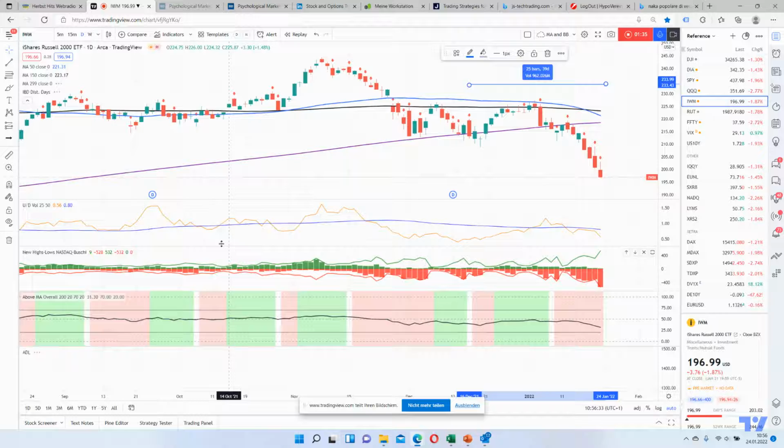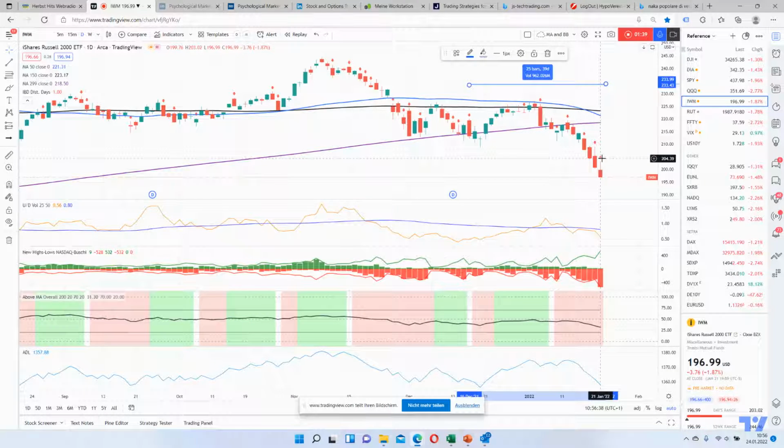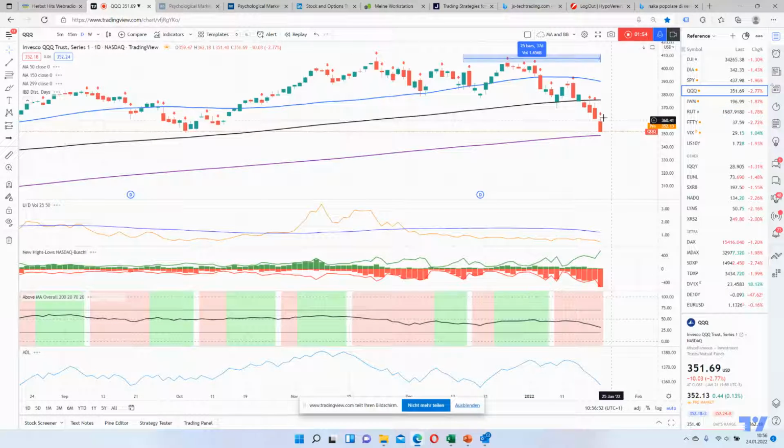Let's jump back. If we look at the distribution day count of the major market indices in the US stock market over the last 25 trading days, which is the relevant period, it is 8 for the Russell. For the Qs, it's 10.